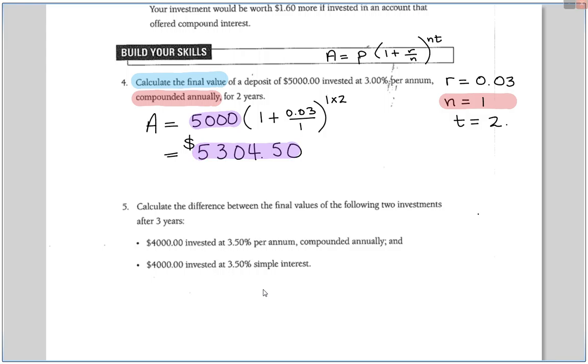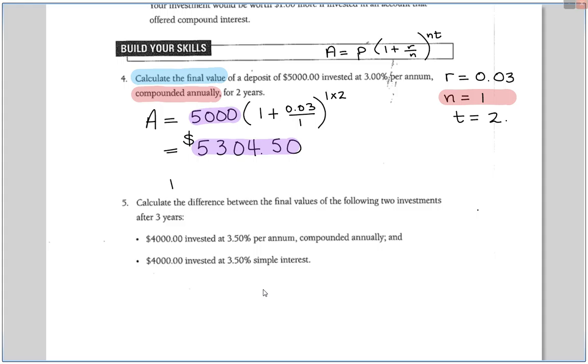So for this formula, to figure out the interest earned, you have to go A take away P. So 5,304.50, take away the principal, and you earned 304.50. That's to see how much interest you earned.